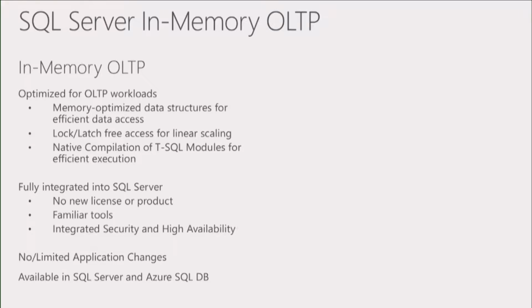So then the question is, what is the most efficient way to store the data in memory, and what are the most efficient data access methods? That is how we started. We did not look at what the current data structures look like. No, we designed new data structures. And it turns out that you can build these data access methods much more efficiently if you know your data lives in memory. The second is a lock and latch-free architecture.